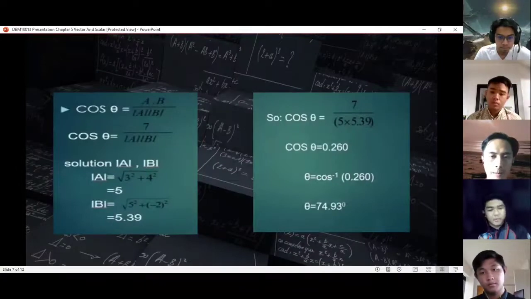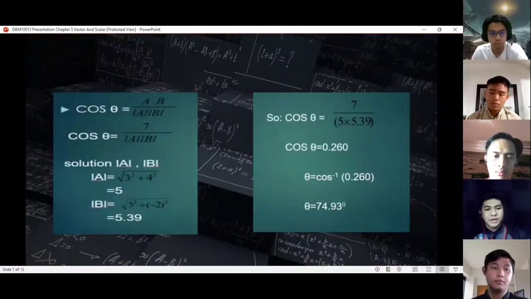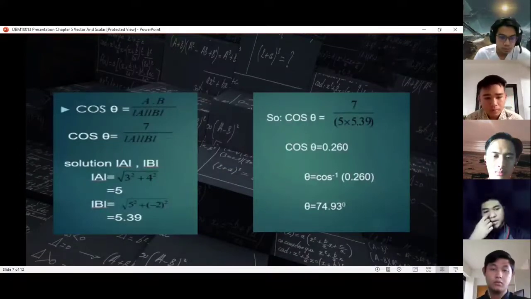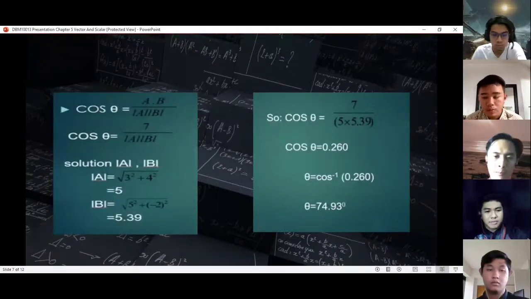Now we will use the formula cos theta equals A dot B over magnitude A times magnitude B. We just found A dot B is 7. So we will find the magnitude A times magnitude B. Magnitude A is equal to square root of 3 square plus 4 square, and the answer will be 5.